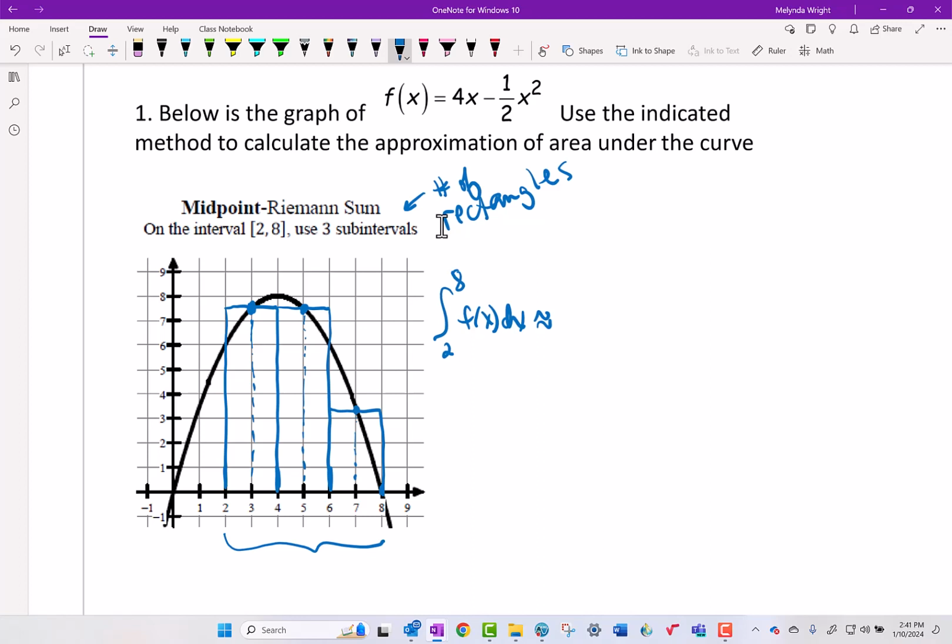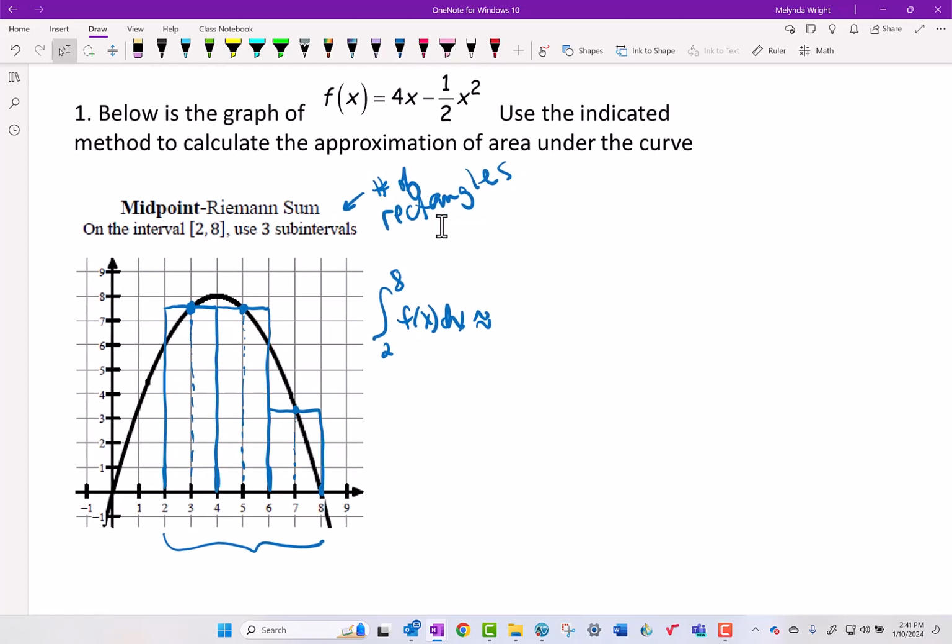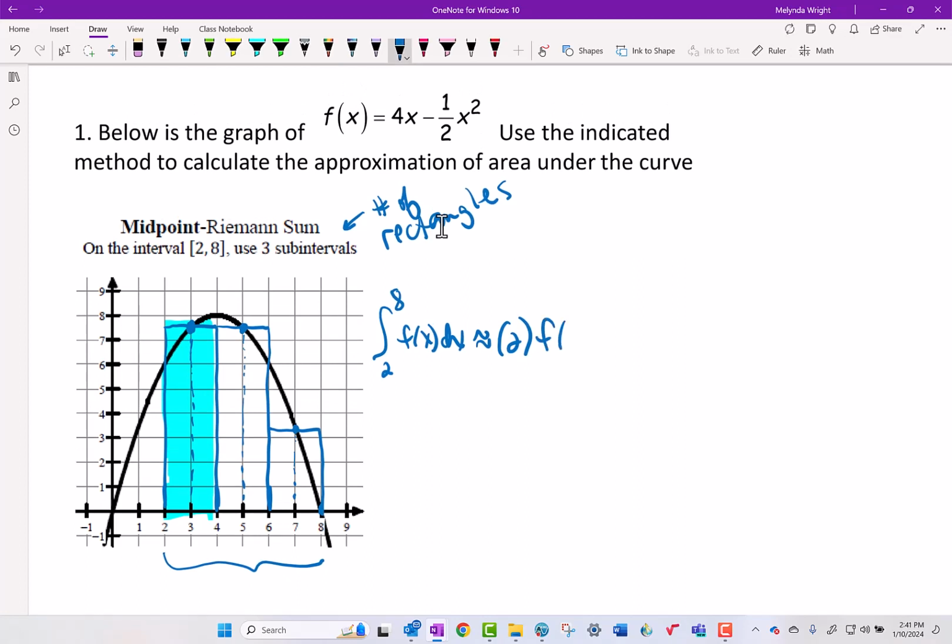Okay. So notice the width. We're just going to be finding this area. I'm just going to highlight the very first one. I'm not going to highlight them all. We're finding the area of the rectangle. Truly, it's really just a matter of finding the area of the rectangle. So the rectangle has a width of 2, right? It's 2 spaces wide. The height is whatever f of 3 is, and we're going to have to figure that out in our calculator.